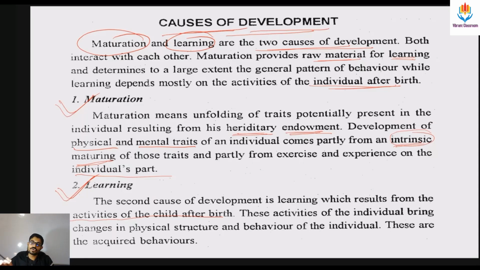Experiences are stored in our memory, and when we want to use them, we recall them. These activities bring changes in the physical structure and behavior of the individual. These are called acquired behavior. The things which we learn also help in the process of development of the individual.